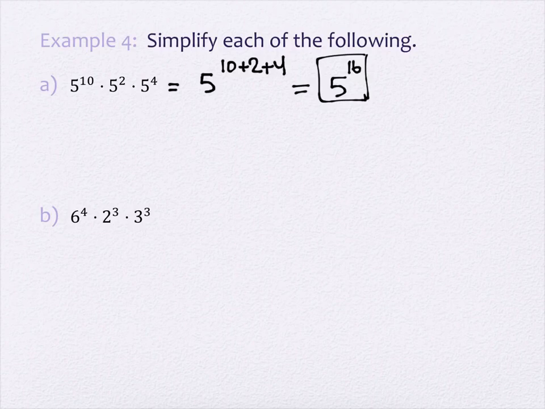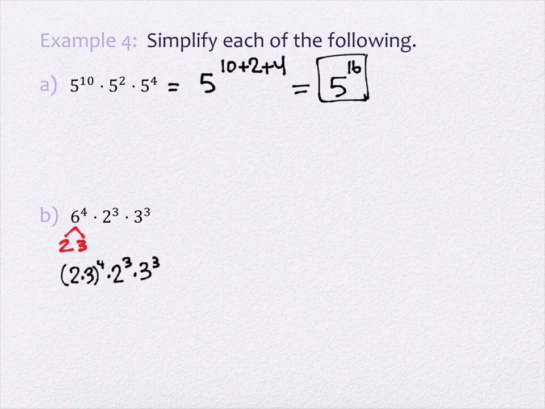All right. So as I mentioned, you can't just plow through on part B because they don't have the same base. They're different bases. But what I can do is break the number 6 into its factors. So what does 6 break down into? 2 and 3. So what I really have is 2 times 3 to the power of 4 times 2 cubed times 3 cubed.